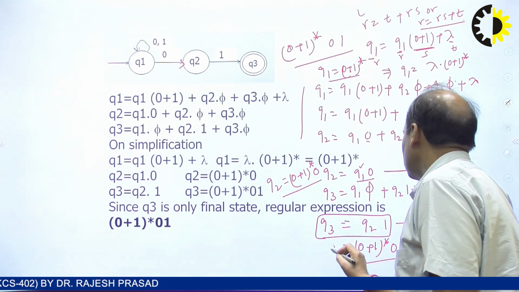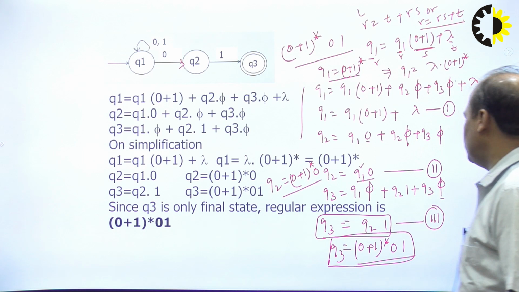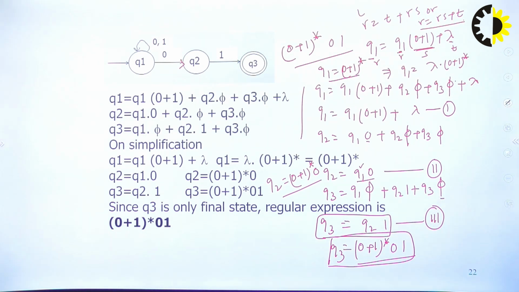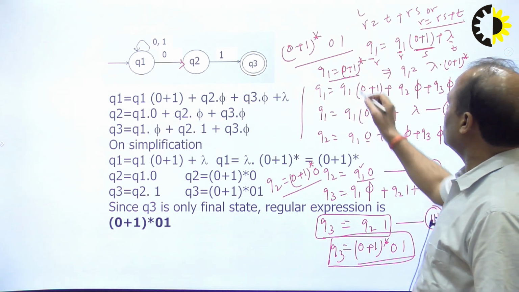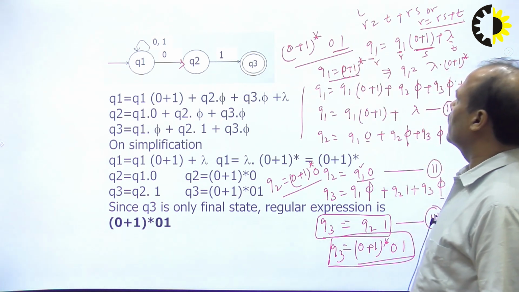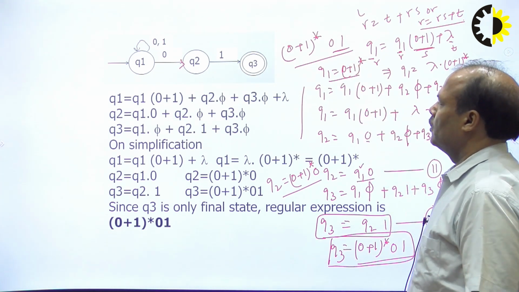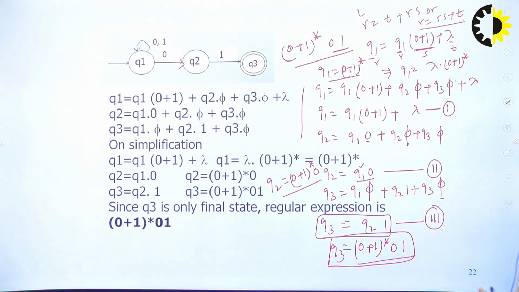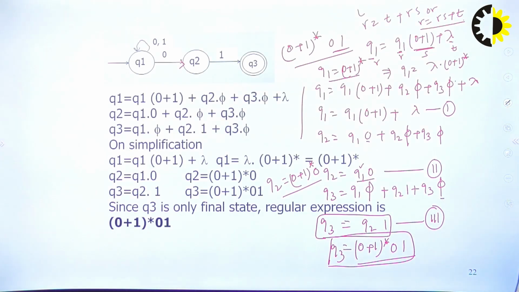Since q3 is the only final state, the final regular expression is (0+1)*01, which is the same as over here. It's the same answer, (0+1)*01. So that means this method is correct. So this is the first example.